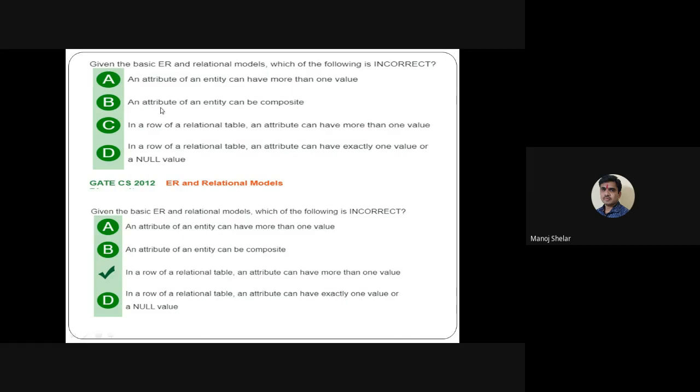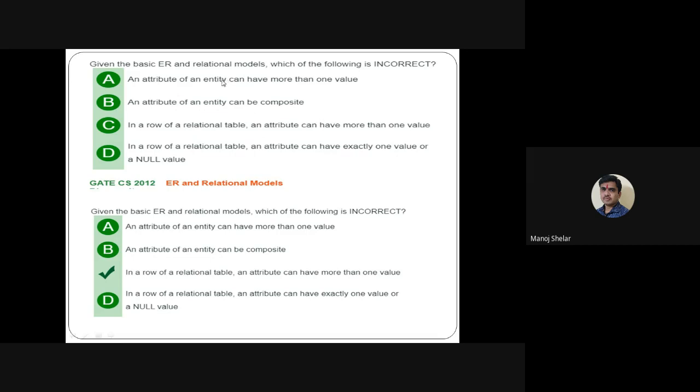Second, an attribute of an entity can be composite. Okay. In a row of a relation table, an attribute can have more than one value. In a row of a relation table, an attribute can have exactly one value or a null value. So here we identify the incorrect option among these four.